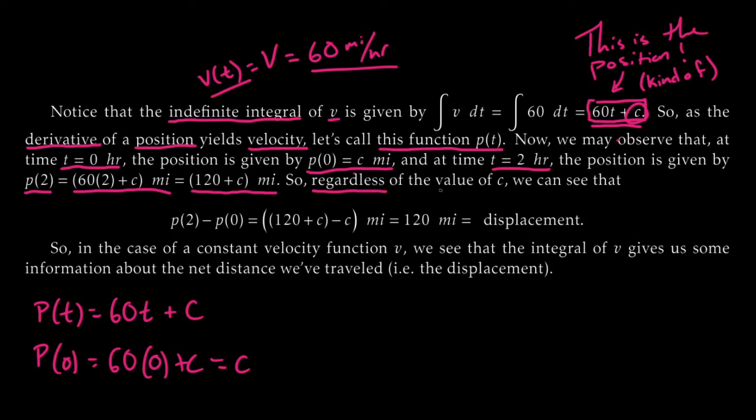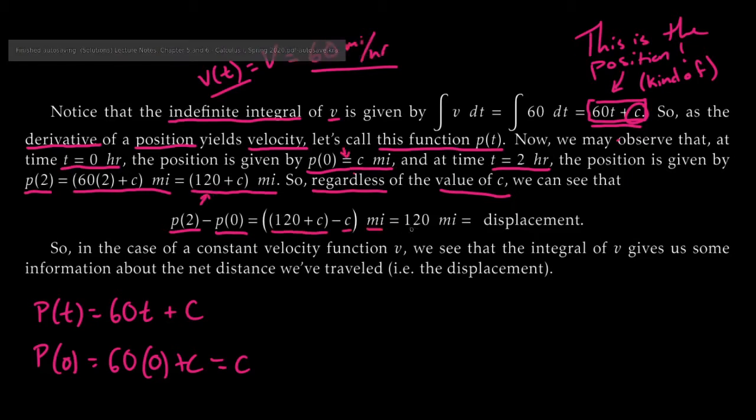So regardless of the value of c, we can see that if I take p of 2 minus p of 0, I'll get 120 plus c, that's p of 2, minus c, that's p of 0. And naturally, this comes equipped with the unit of miles, and this turns into 120 miles.